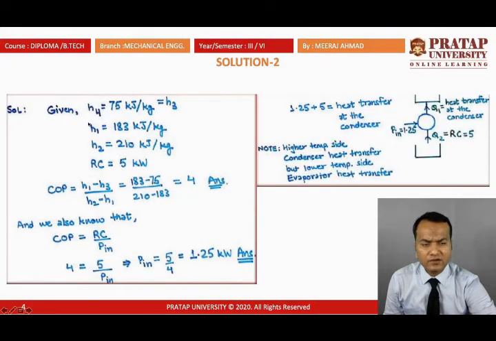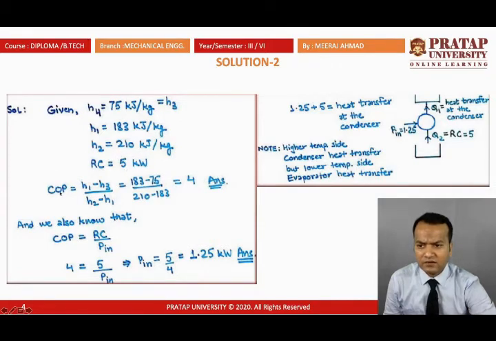In the question itself, H4 is given, which is the inlet to the evaporator, 75 kJ per kg, and the enthalpy at the exit of the evaporator, or the inlet to the compressor, is also given, 183 kJ per kg. After compression the enthalpy is raised from H1 to H2. H2 is given as 210 kJ per kg, and RC, the refrigeration capacity, 5 kilowatt is given.